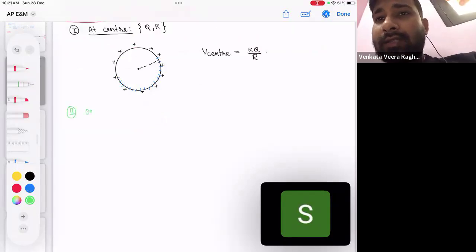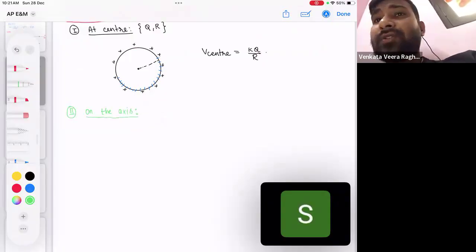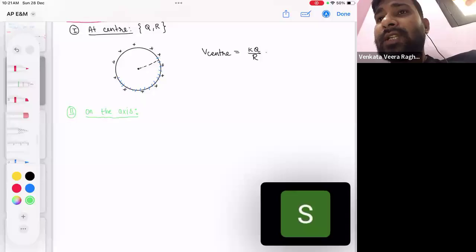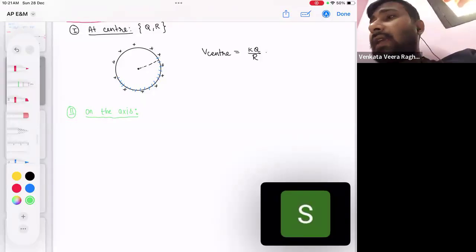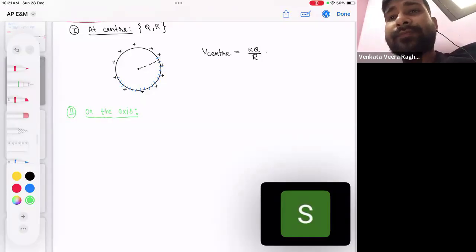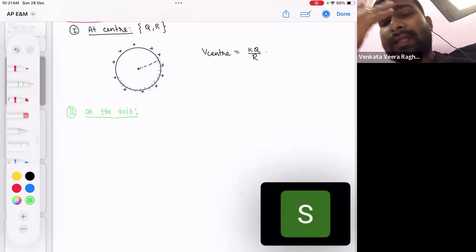These are the two important points where we have to calculate everything. In the field calculation also we did the same thing: we calculated field at the center, and on the axis. Now same thing, we will calculate potential at the center, and then on the axis also.